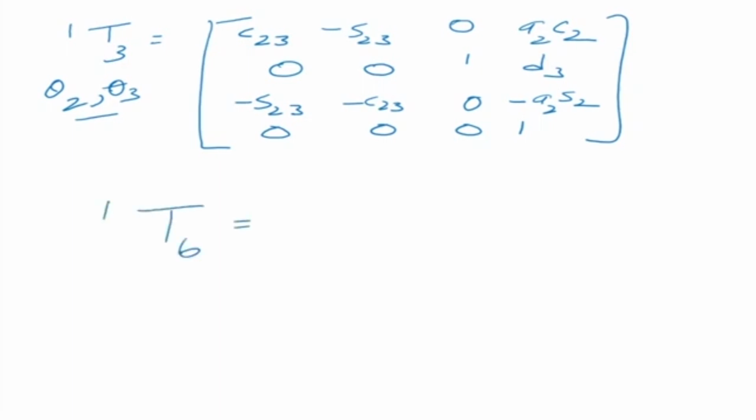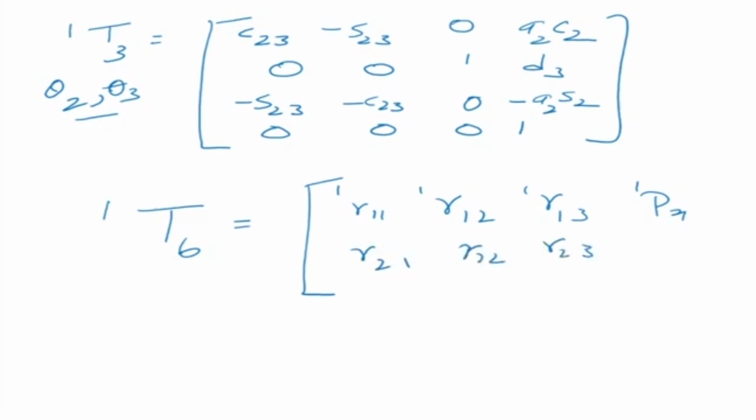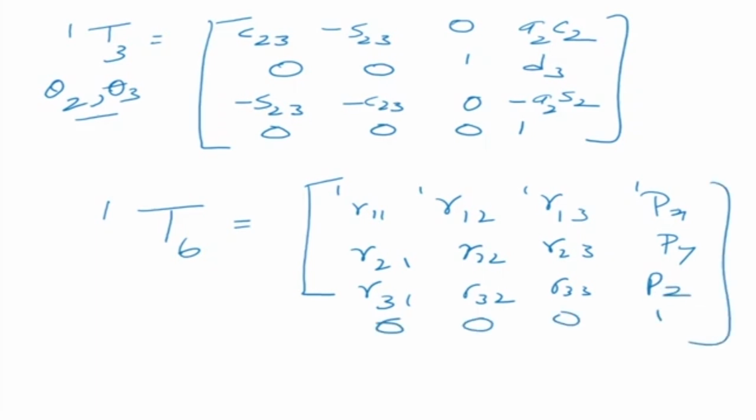Okay. Now we multiply the complete T1 to 6, which comes out to be equal to R11, R12, R13. These terms are very large, so we're just writing them as PX, R21, R22 and R23 PY. This is R31, R32 and R33 PZ, and the last row is of course always 0 0 0 1.